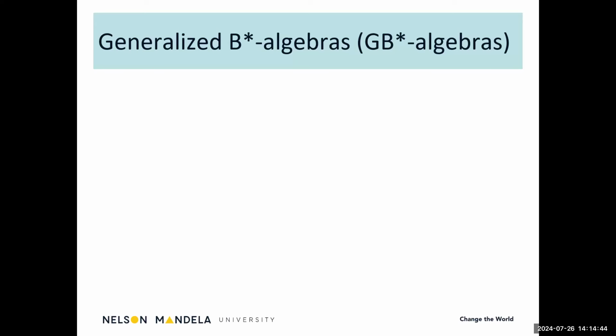Those are actually direct generalizations of C star algebras that were first introduced by Professor Graham Allen in the late 1960s, and then taken further by Professor Graham Dixon in the early 70s. Okay, so now I shall give the definition. And I will explain, as the talk progresses, why these things matter.